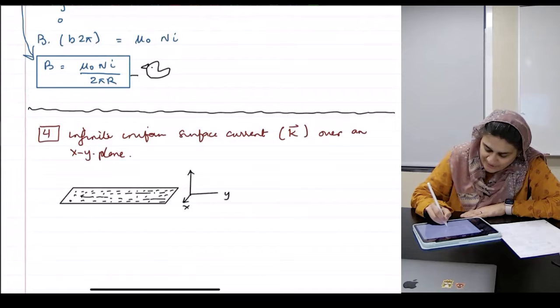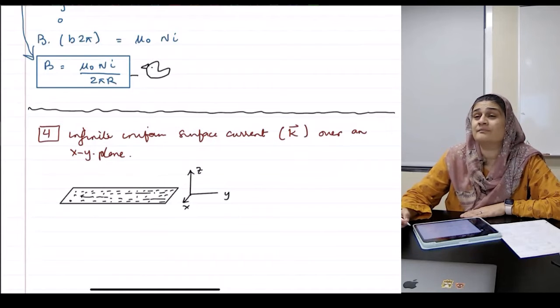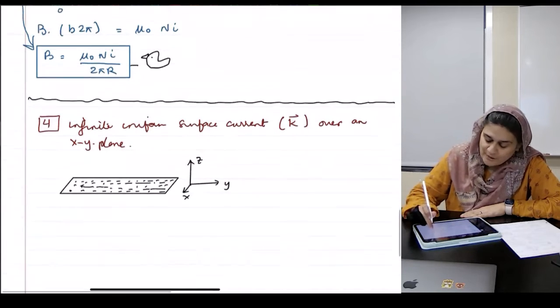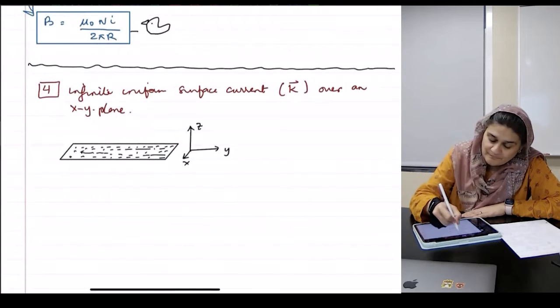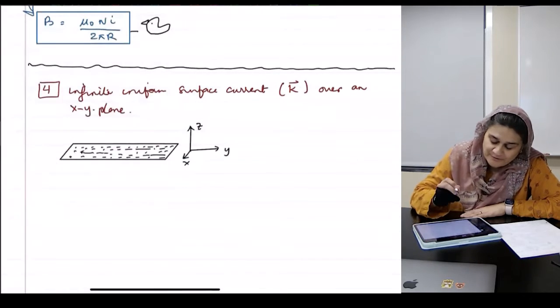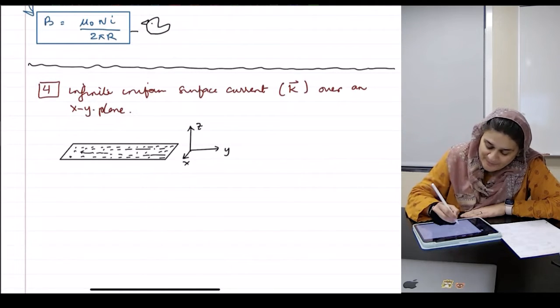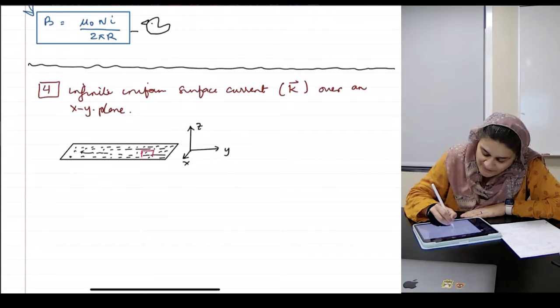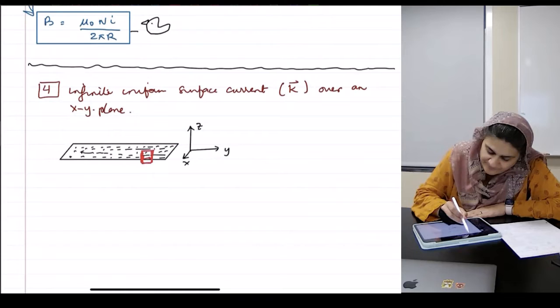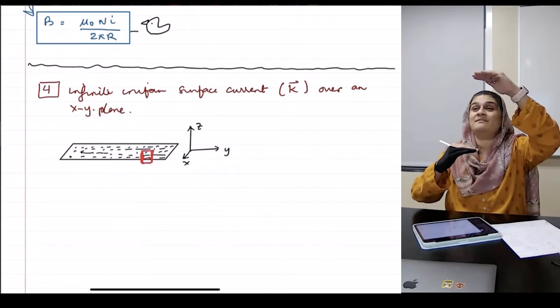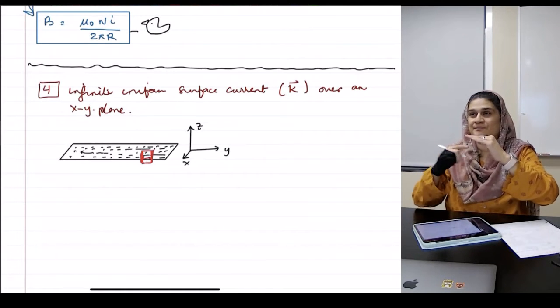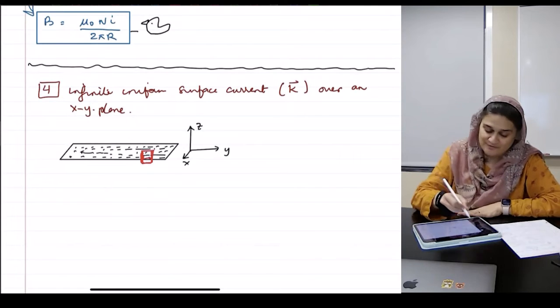X, Y, Z. So how will I write my Ampere's law? Well, first of all, I have to pick an Amperian loop. My Amperian loop in this case would be something like this. Think of it as above and below the surface. So I have a loop above and below the surface.